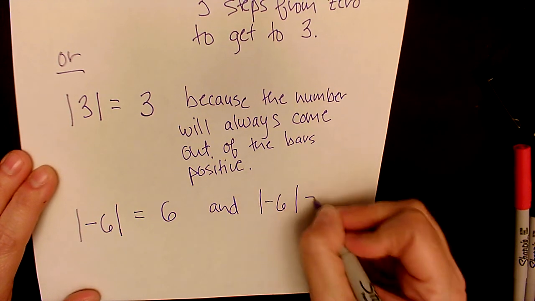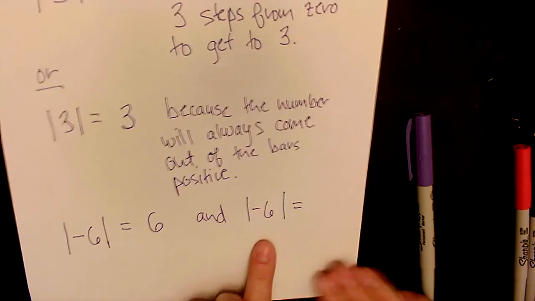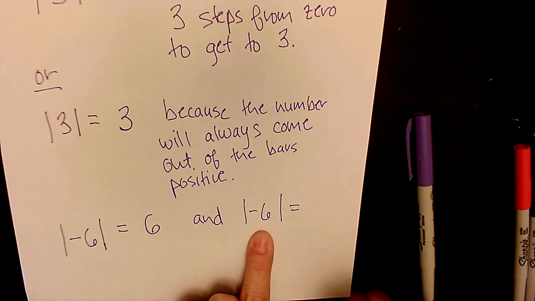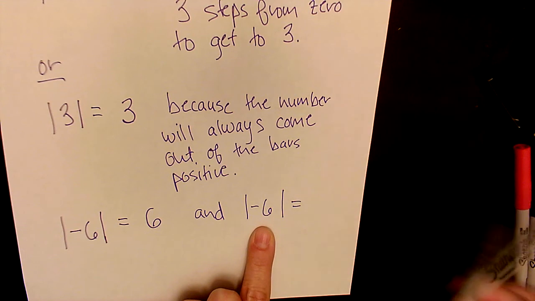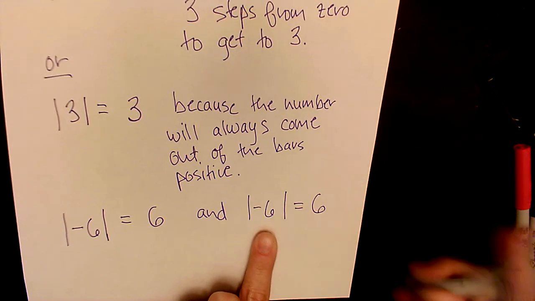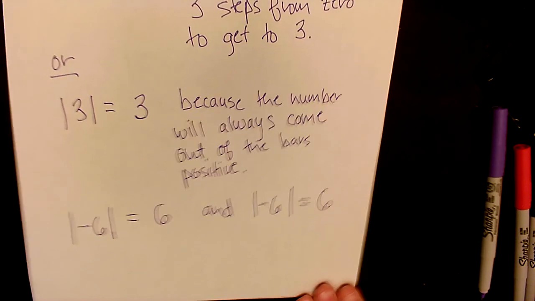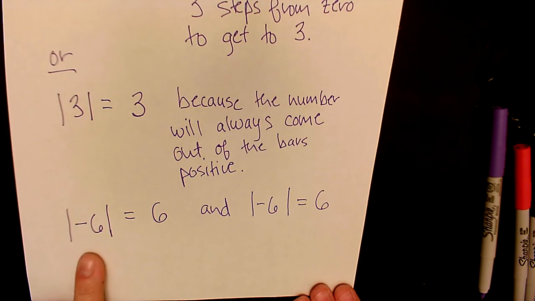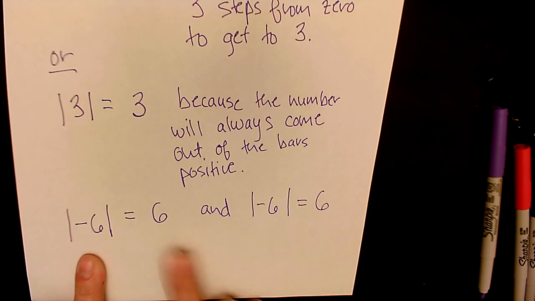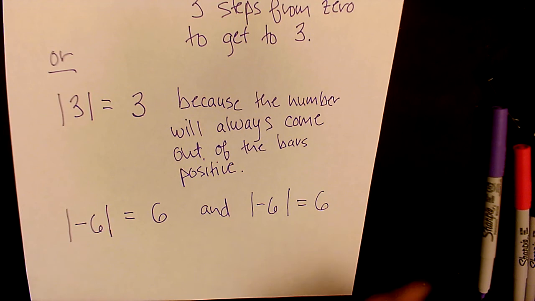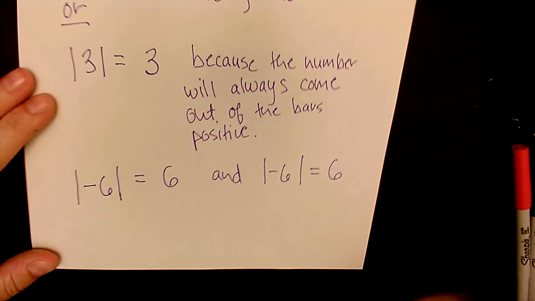And we know that we've got a negative in here, and absolute value always comes out of the 2 bars positive. So this will just be a +6. So either way you look at it, absolute value of -6 is +6. If there's a negative in there, it's going to come out positive.